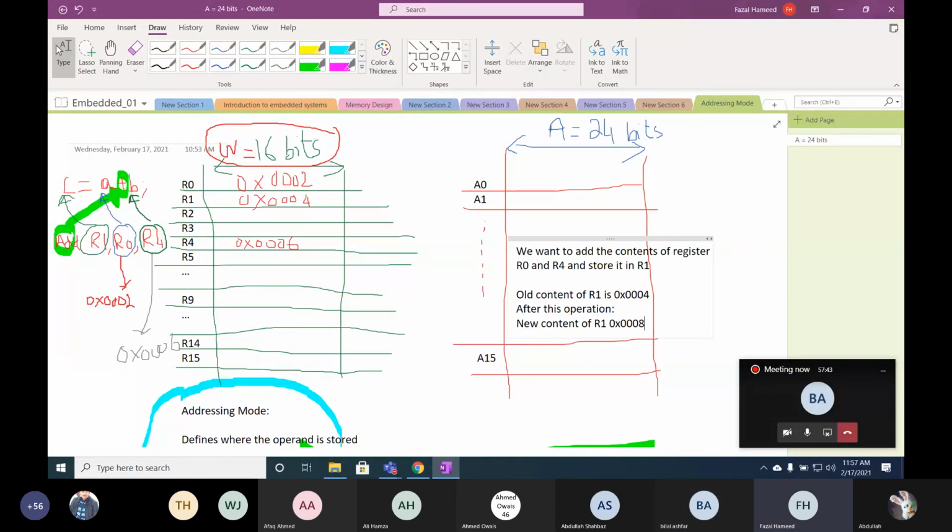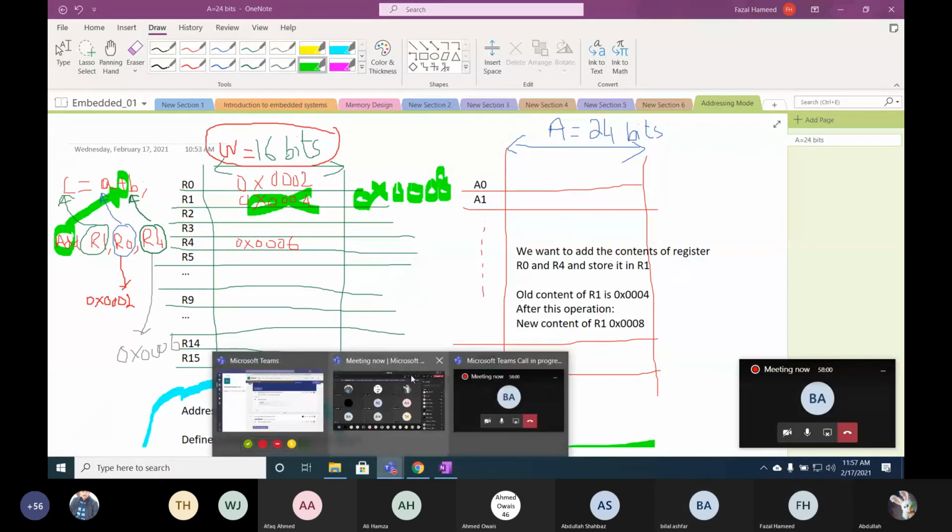So the old contents will be overwritten by the new content, and the new content will be 0x0008. This addressing mode is called register addressing mode.